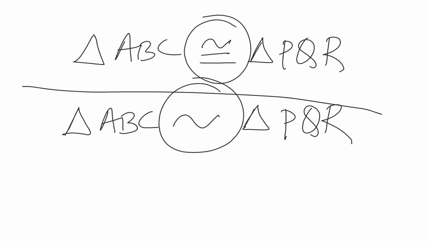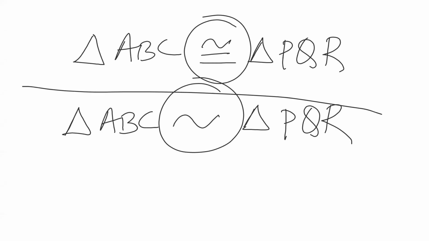Now, the condition is what? Two triangles ABC and PQR are similar if their corresponding angles are equal and sides are proportional. These are the two criteria. Corresponding angles must be equal and the corresponding sides are proportional.